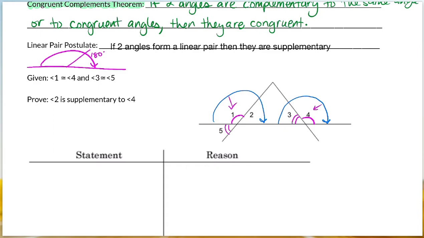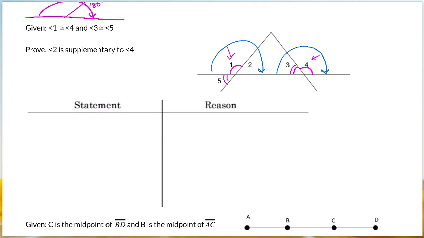All right, so let's start with our given. Generally, we start our proofs with what we are given. 1 is congruent to 4, and 3 is congruent to 5. This was given.